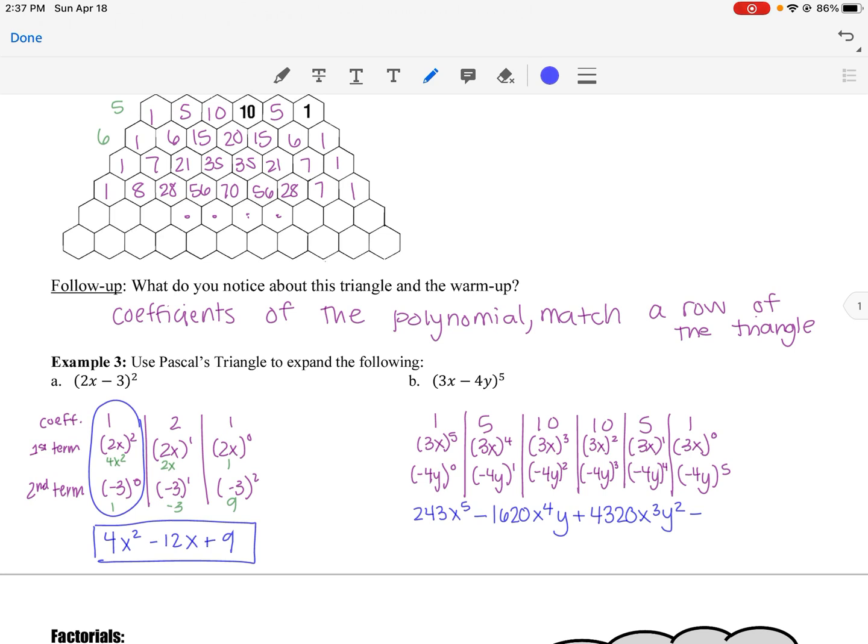minus 10 times 3 squared, and then -4 cubed, so we should get a negative again. And let us keep switching signs.